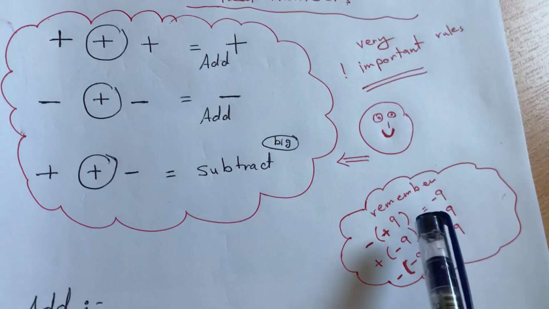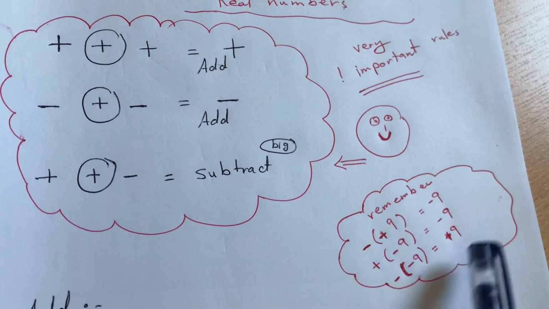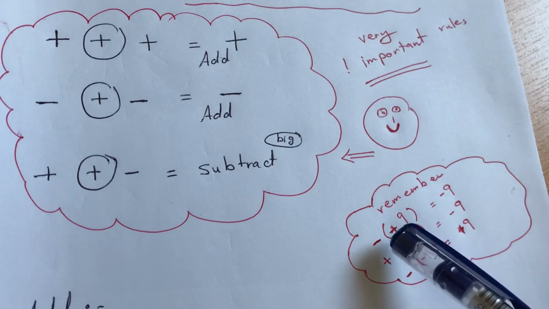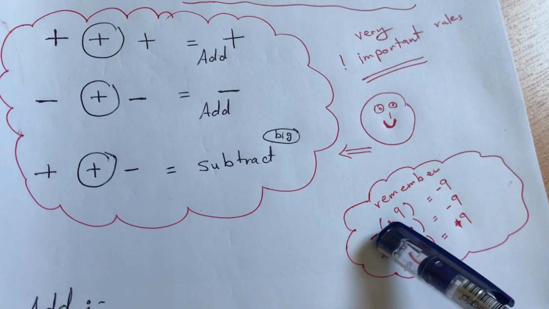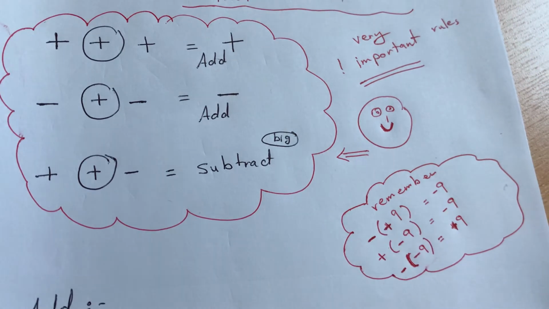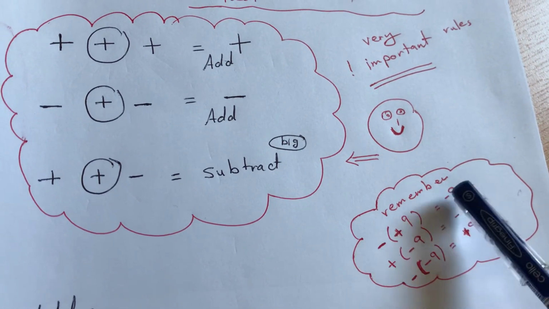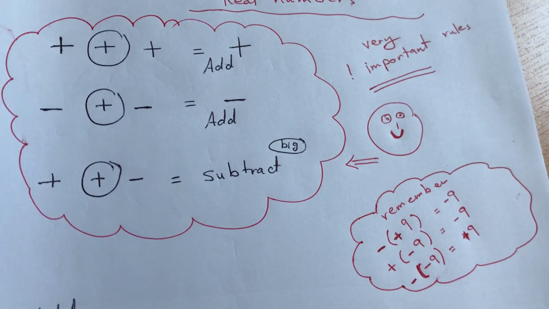Now these are also important things. If we have a bracket and we have negative outside and positive inside, the negative is stronger than the positive, so it will be -9.